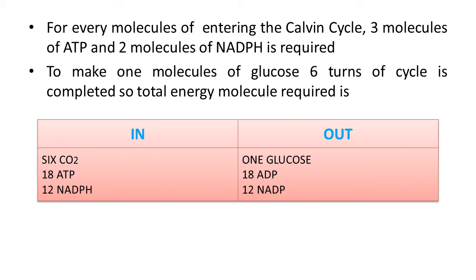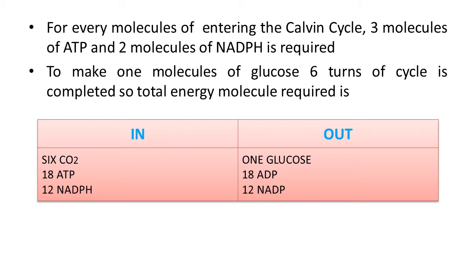As an input, 18 ATP are utilized for the entire process and output is 18 ADP. So we can easily understand now, ATP is utilized, that's why it is converted into ADP.